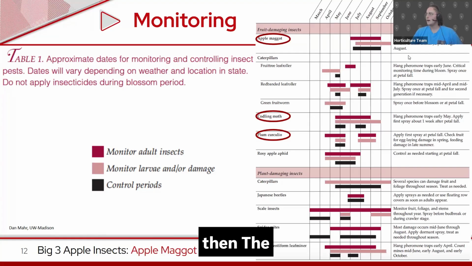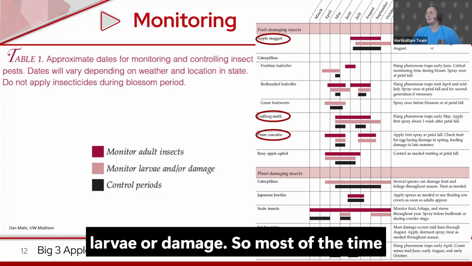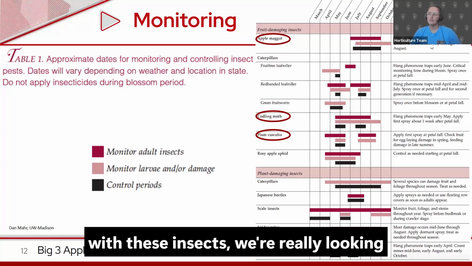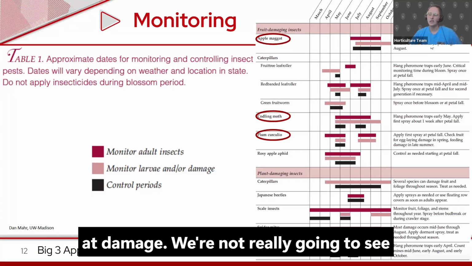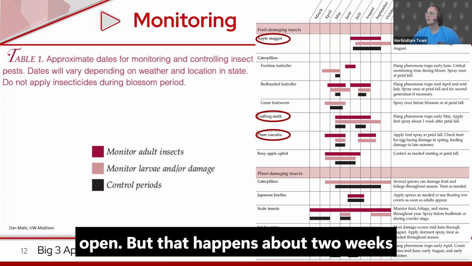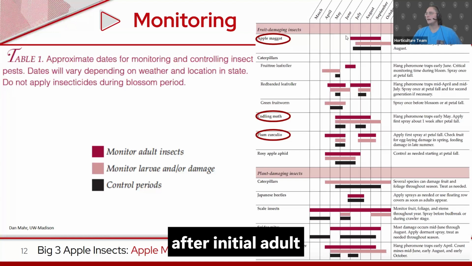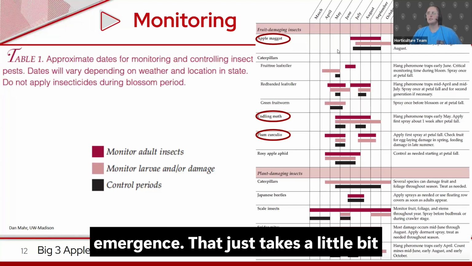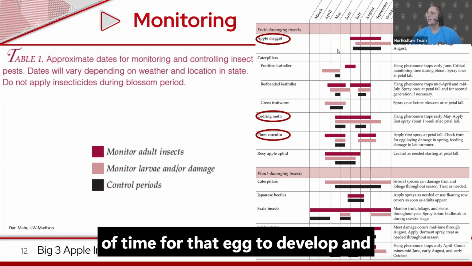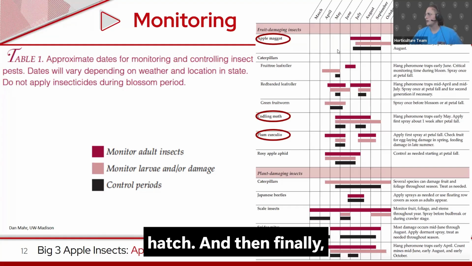And then the pink here is when we want to monitor larvae or damage. Most of the time with these insects, we're really looking at damage. We're not really going to see the larvae unless you cut that fruit open. But that happens about 2 weeks after initial adult emergence. It just takes a little bit of time for that egg to develop and hatch.